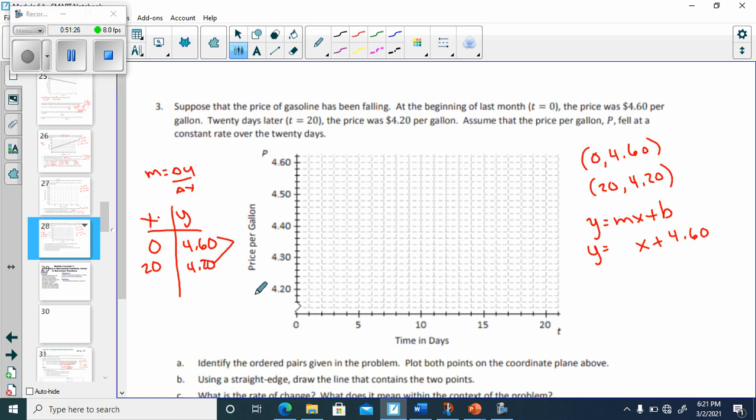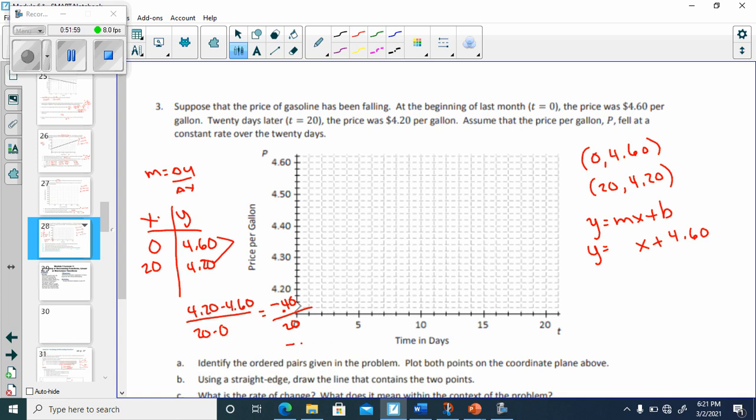Change in Y here would be $4.20 minus $4.60 over 20 minus 0. That would give me, let's see, negative 40 cents over 20. If I divided 40 cents by 20, use your calculator so you don't mix it up, you would get 2 cents. Goes down 2 cents, okay?